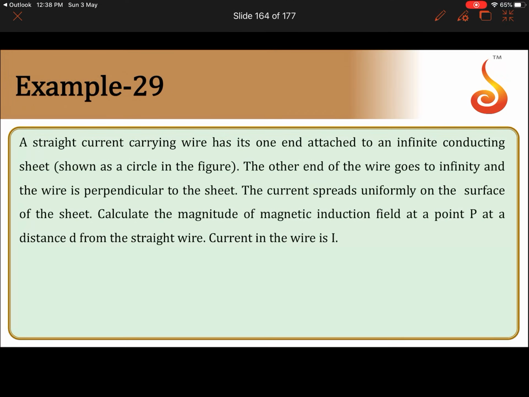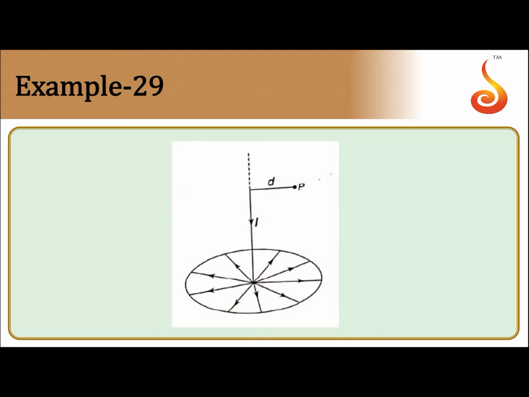So this is the figure, this is the situation. What we do here, this current in the straight wire is spreading like this. So let us apply Ampere's law. For that we need a closed path called an Amperian loop. So let us consider an Amperian loop of radius d.